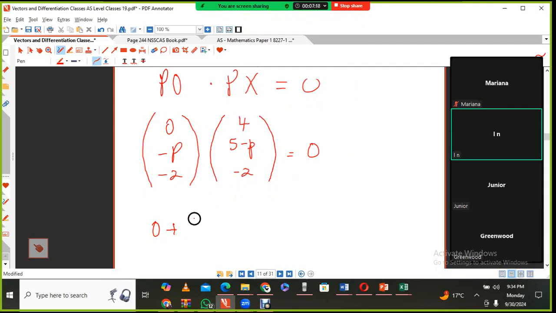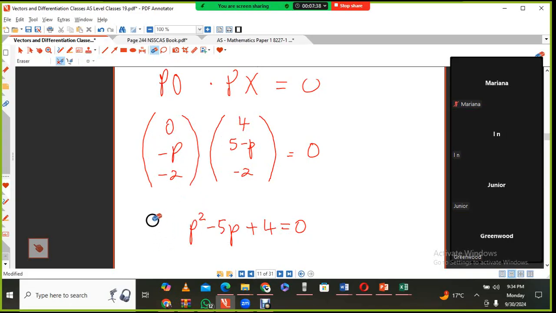Plus minus 5P plus P squared, plus 4. So P squared minus 5P plus 4 equals 0. So basically, I can take away this 0 here. No need for it.